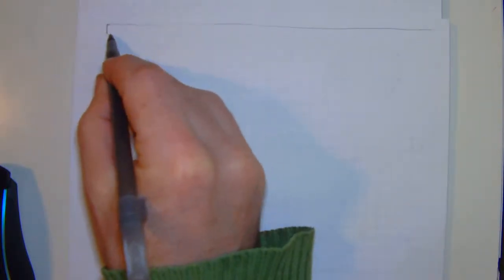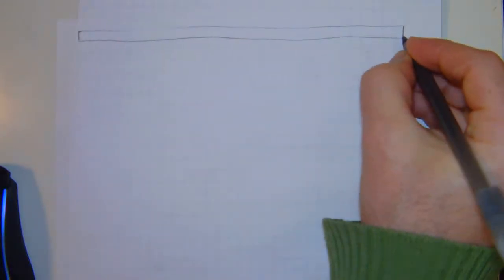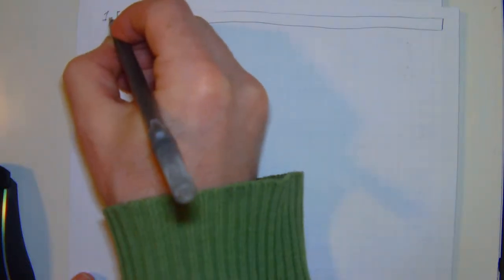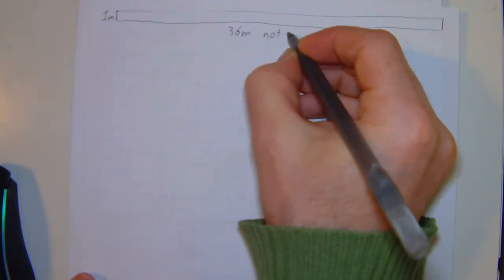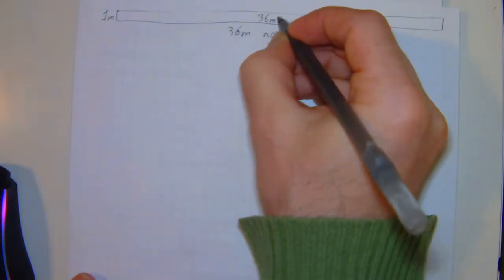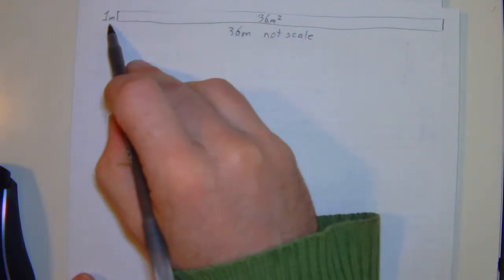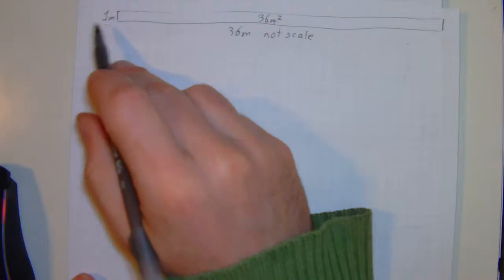This is not to scale because I don't think I have enough squares going this way on my paper. So it's 1 meter, 36 meters, not to scale. How do I know it's 36 meters? Well, I need an area of 36 meters squared.